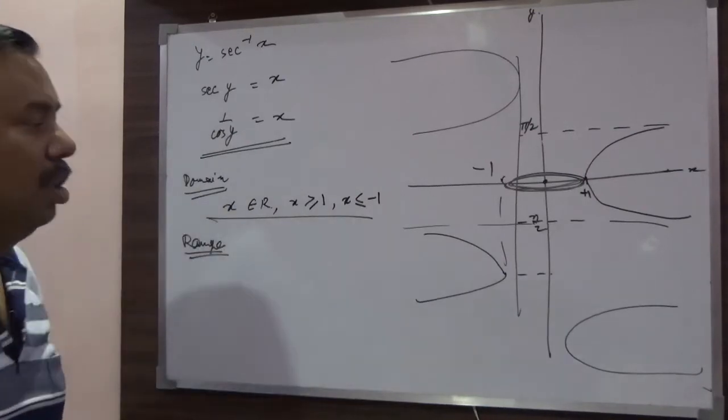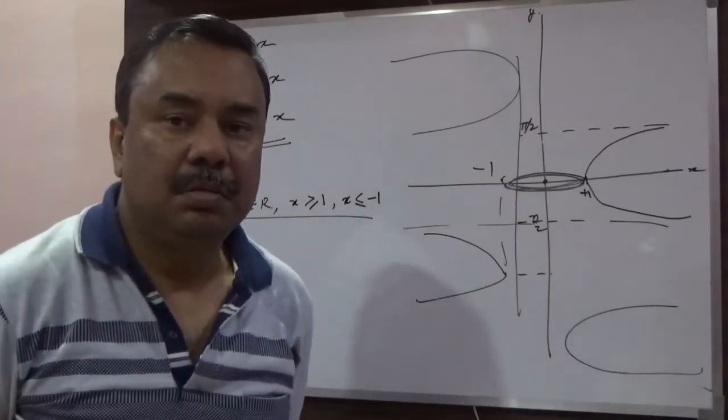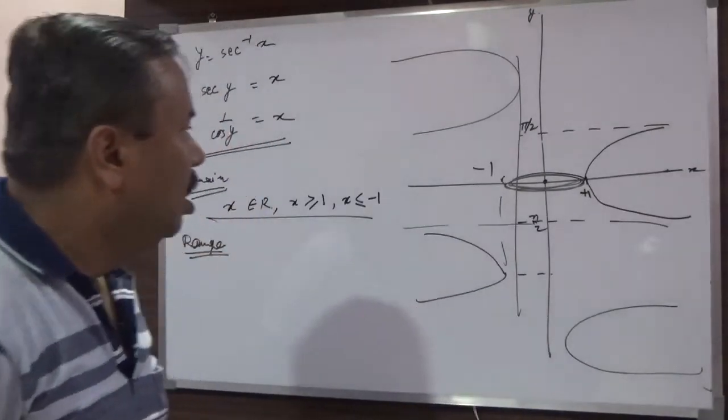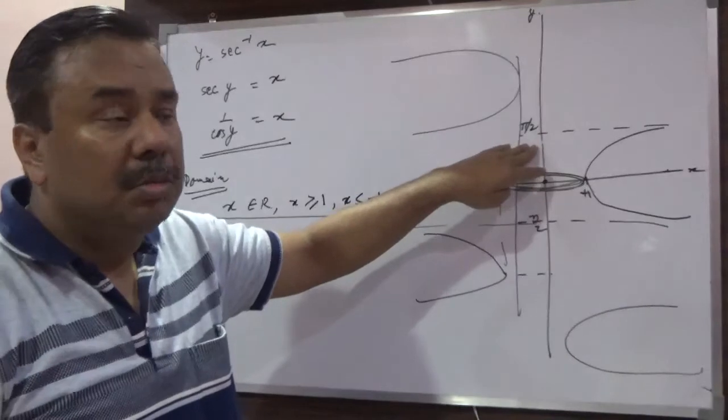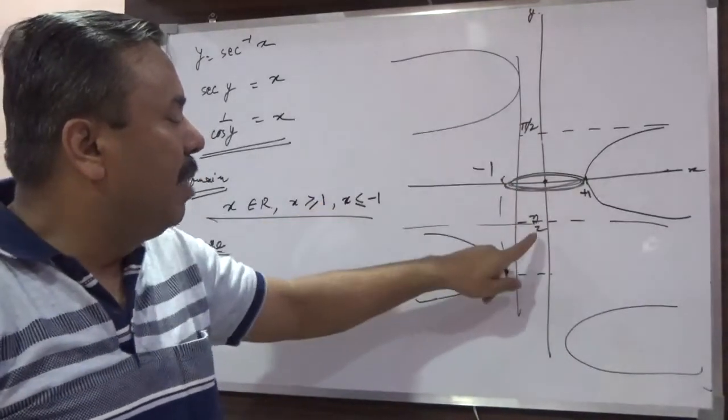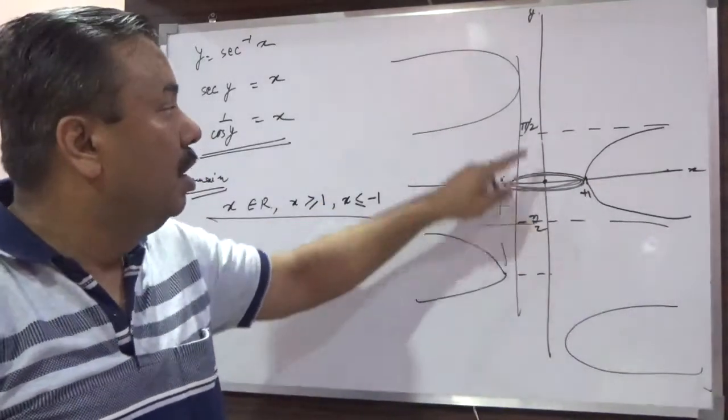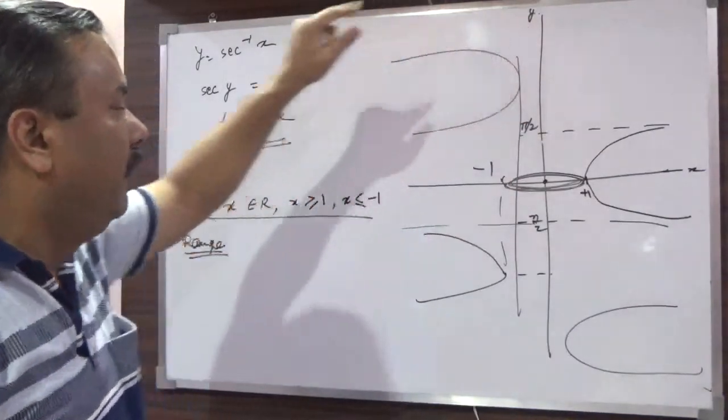Now what will be the range of probable values of y? See, is there any value defined at pi by 2? No. Similarly at minus pi by 2, value is not defined. Similarly at 3 pi by 2, value will not be defined.